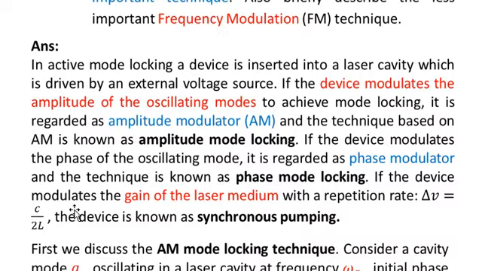If the device modulates the gain of the laser medium with a repetition rate delta nu equal to c over 2L, the technique is known as synchronous pumping. You see that here the cavity modes we are talking about are actually the longitudinal modes.